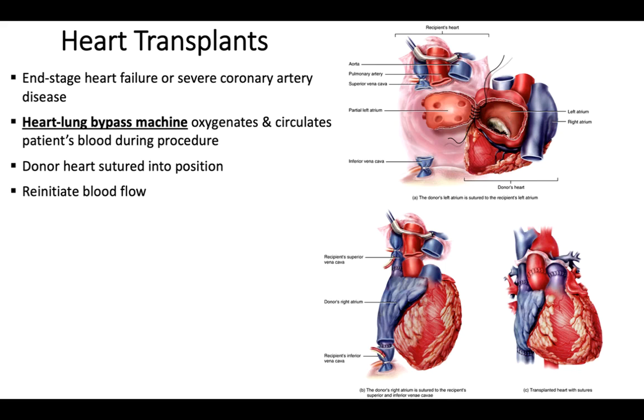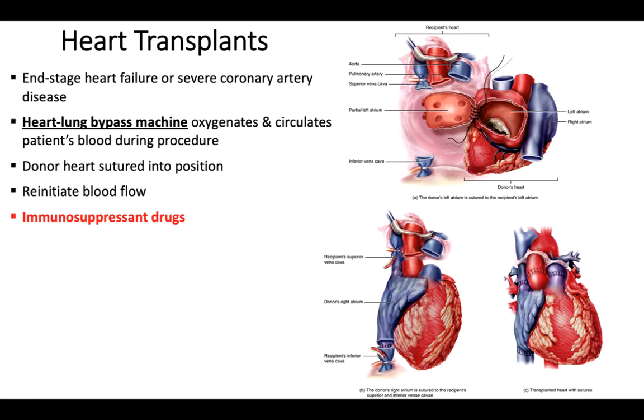Obviously, the limiting factor is donor hearts. There's not a whole bunch of hearts available, so there's a whole procedure to get on the donor list. Hearts need to be regional. You can't get a heart from across the country because the stability of the heart outside of a human body is limited.